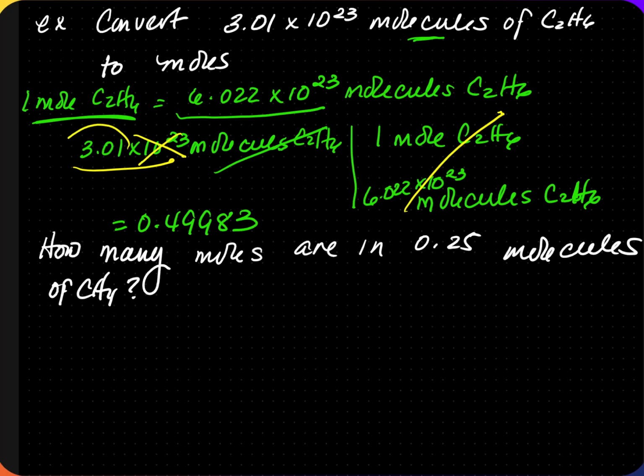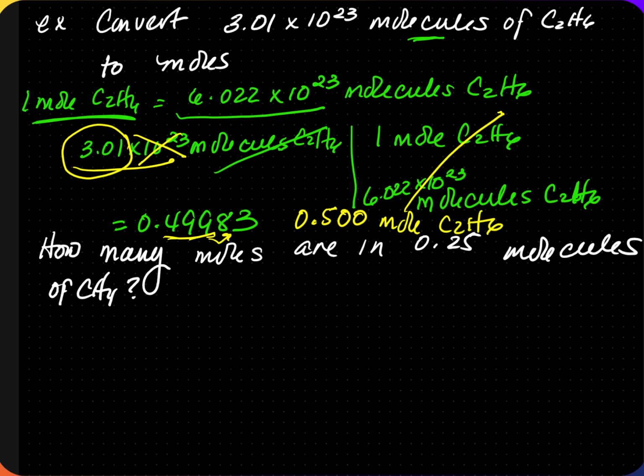Everything in front counts as significant. So there's 3, so I go 1, 2, 3. I look 1 to the right. The 9 becomes a 0, so this becomes 0.5. But we must put 2 zeros to make it significant because there's 3 significant digits. If you just write 0.5, there's only 1. So this is moles of C2H6.